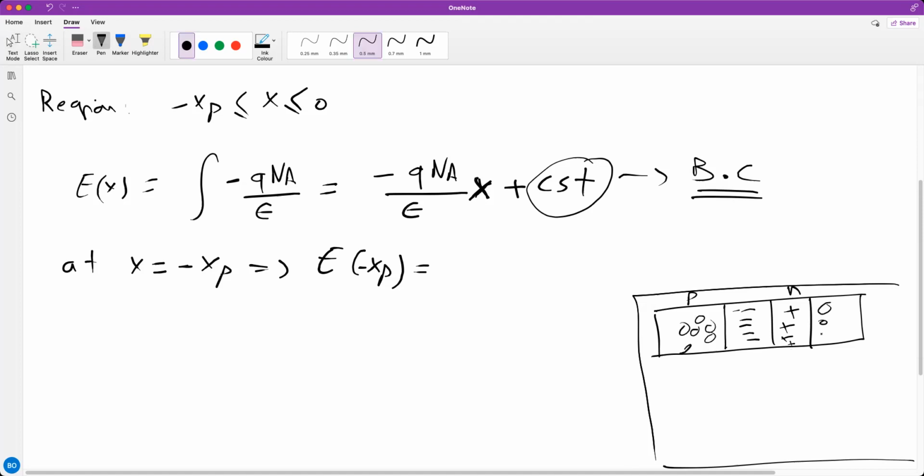So the electric field is only here, which means the electric field here is 0, and the electric field here is 0. Do you understand? Because here there is no potential difference. The electric field will be equal to 0 at this point. Do you understand?